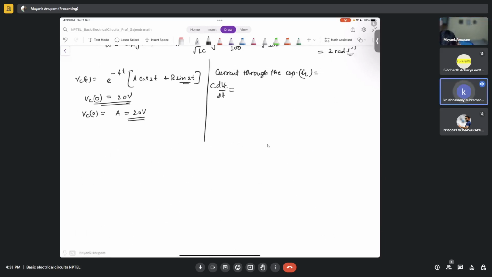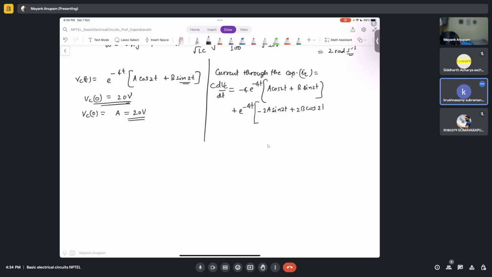Minus 4, e to the power minus 4t, into A cos 2t plus B sin 2t, plus e to the power minus 4t into minus 2A sin 2t plus 2B cos 2t.